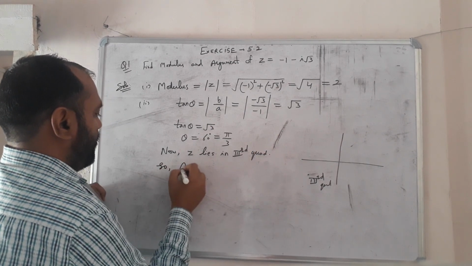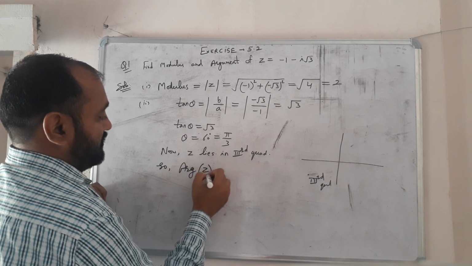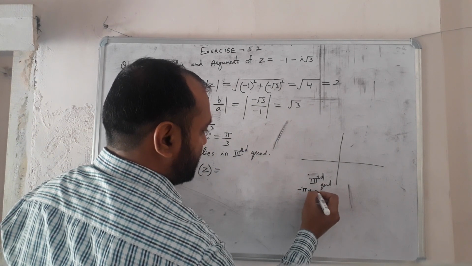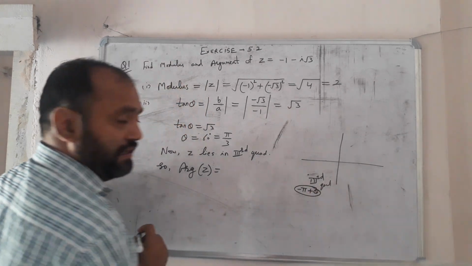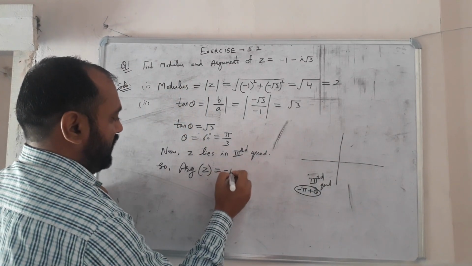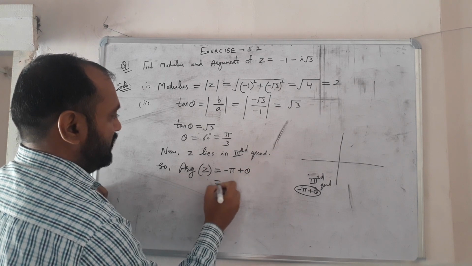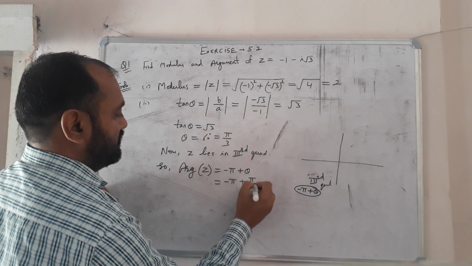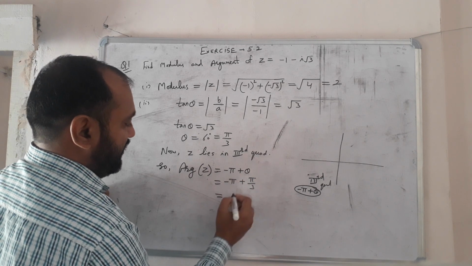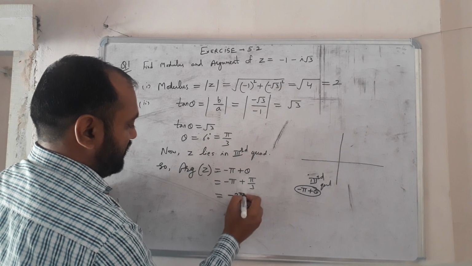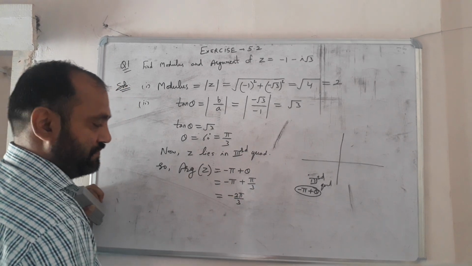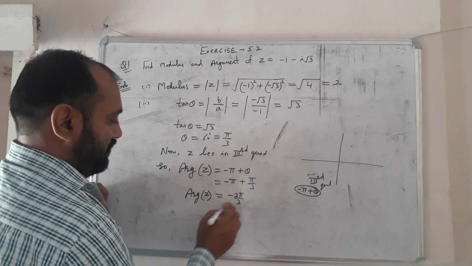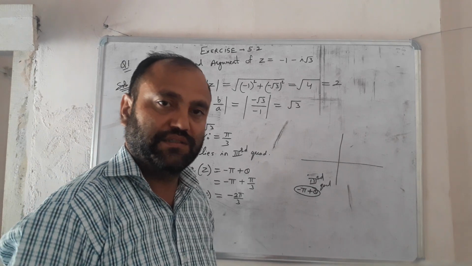So the argument of this complex number, as I have told you, its formula is minus pi plus theta. So the value of theta is pi by 3. So this is minus pi plus pi by 3. When you simplify, its answer is minus 2 pi by 3. So the argument of this complex number is minus 2 pi by 3.